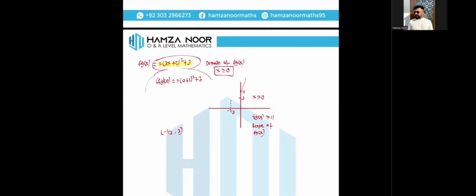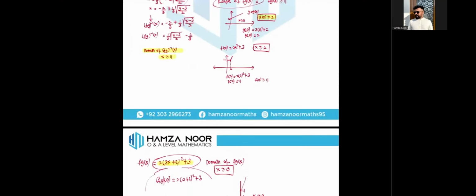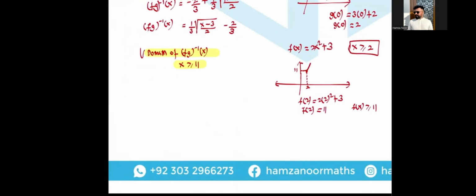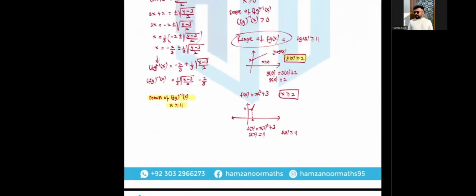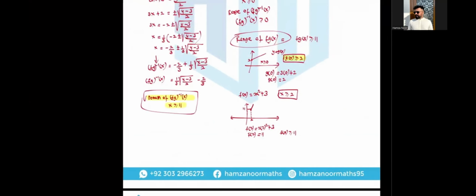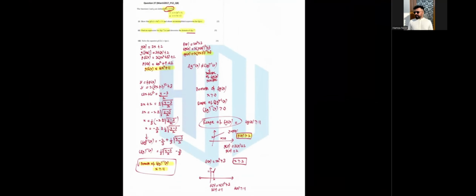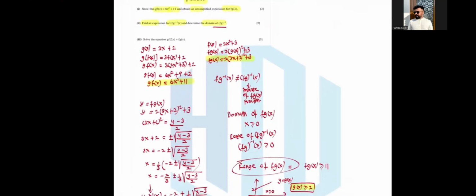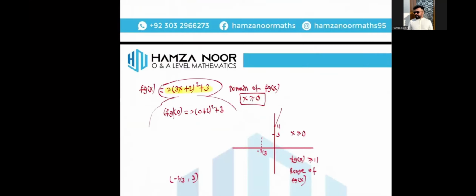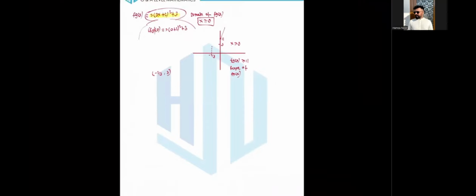As simple as that. So this was basically an alternative approach. This range of fg(x) will become the domain of the inverse of fg(x), which we have seen earlier. Now let's move on to part 3 and complete this question. I'll bring the picture of the question on the next page over here.